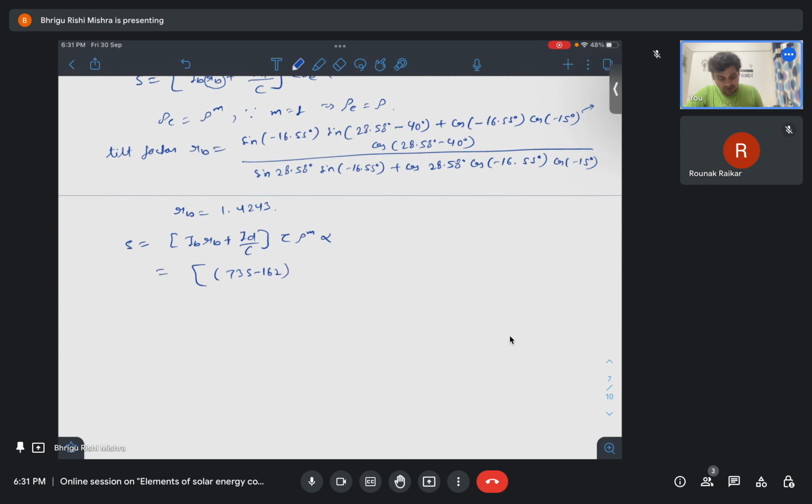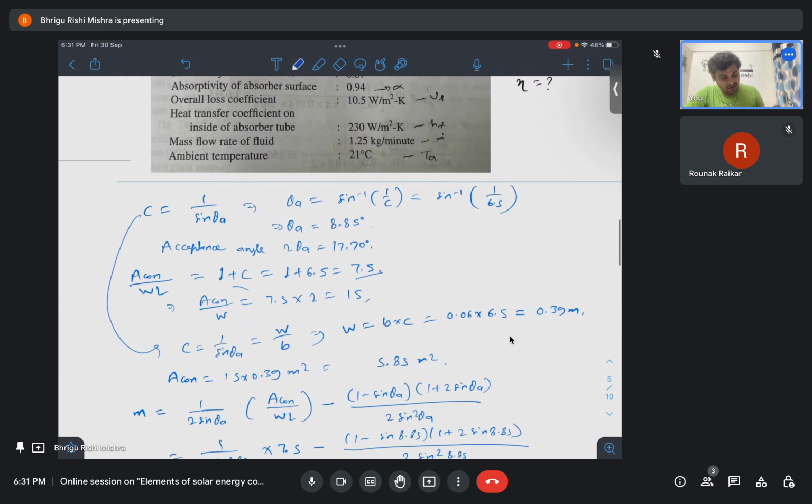735 minus 162 into 1.4243, and ID is here 162 by concentration ratio 6.5, okay, into transmissivity is given here.